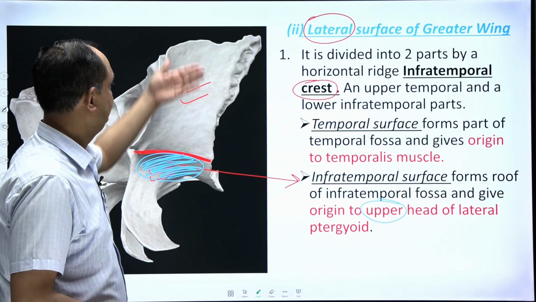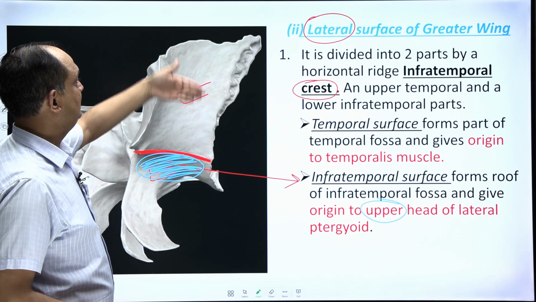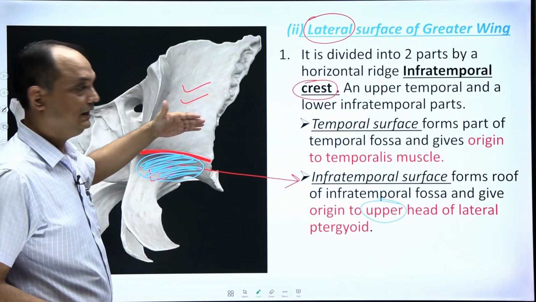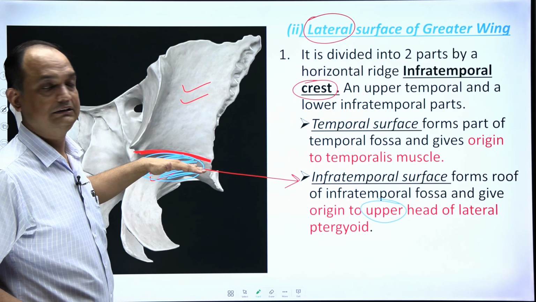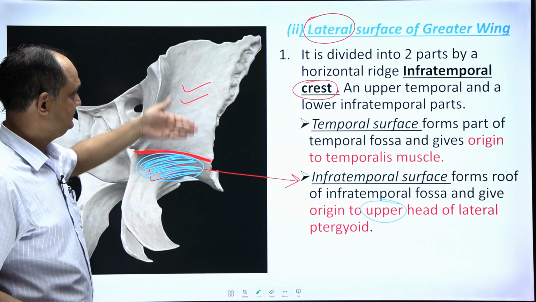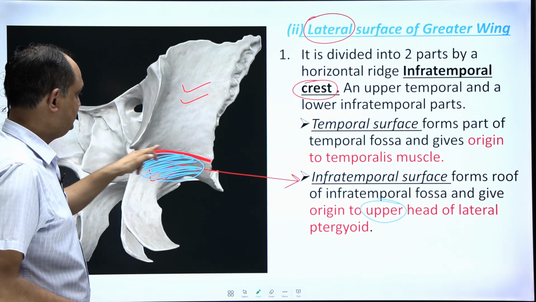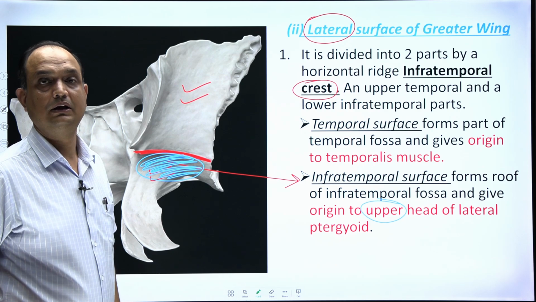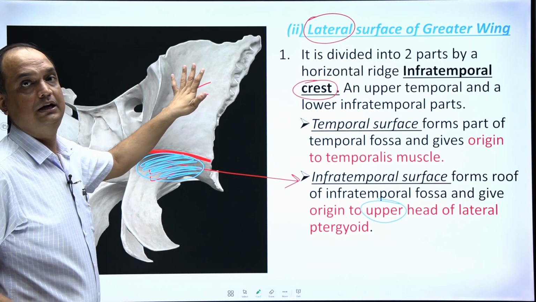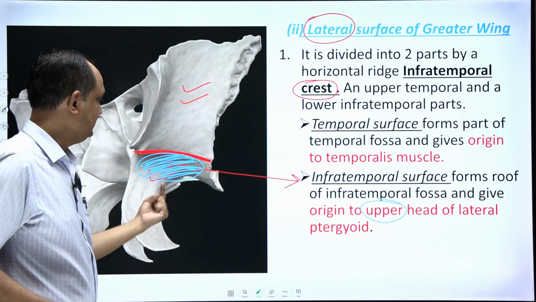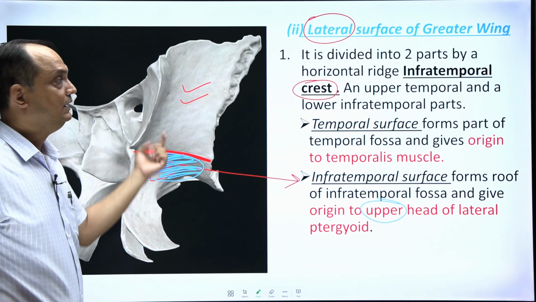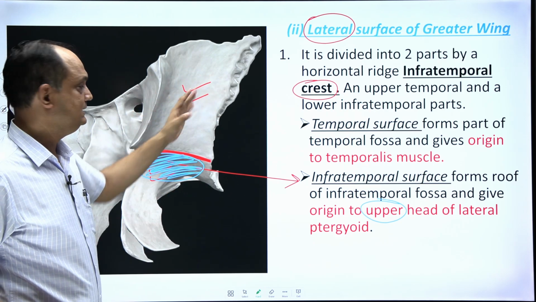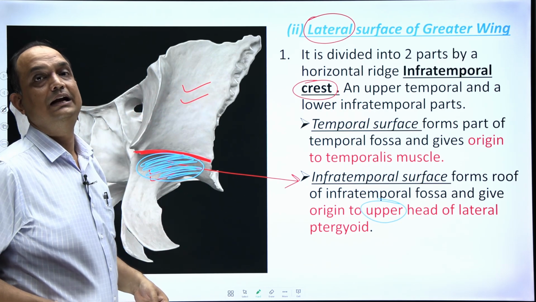So greater wing of sphenoid is this. It has the upper vertical and lower horizontal surface, and these surfaces are divided by a ridge known as infratemporal crest. This area comes in the temporal fossa, this area comes in the infratemporal fossa. Here you will have the muscle temporalis, and here you will have the muscle lateral pterygoid.